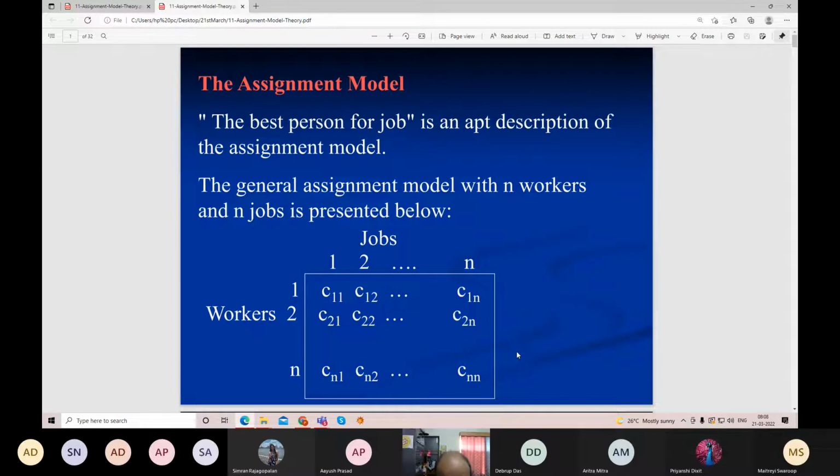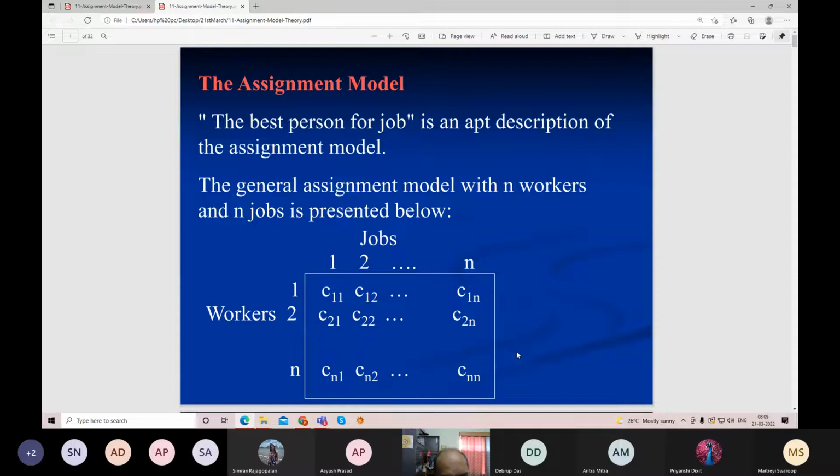Once one job is assigned, then n minus 1 ways remain, and you continue. So if somebody solves arbitrarily, there are n factorial ways to assign, but we have to find an optimal assignment so that the total processing cost is minimum.